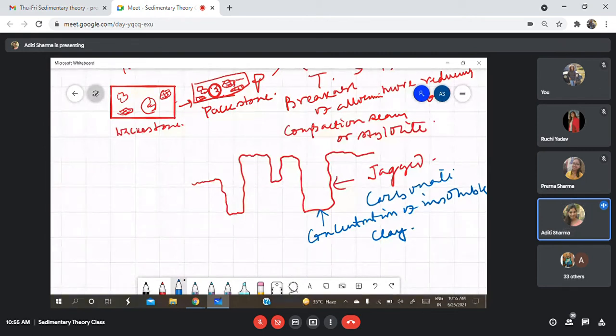Now I can have two kinds of situation. In one case, the stylolite is grain confined.